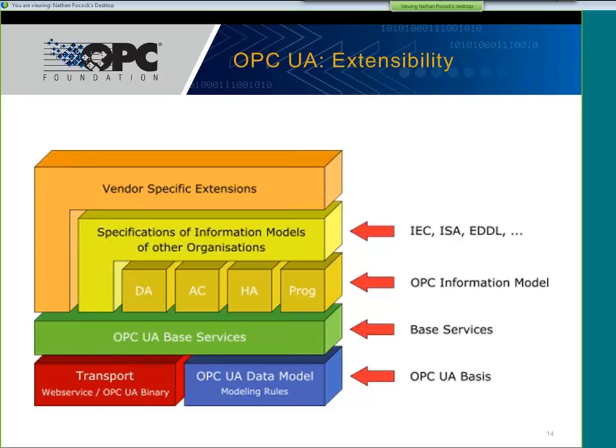Now the orange boxes that say DA, AC, HA, those are what we call profiles. Basically, each of those profiles is our OPC Classic specification equivalent. The DA in UA is the same as DA in Classic. What it does is it grabs a set of data types from the blue box, grabs a set of methods from the green box, and says, these methods are what we need to create a DA server or a DA client.